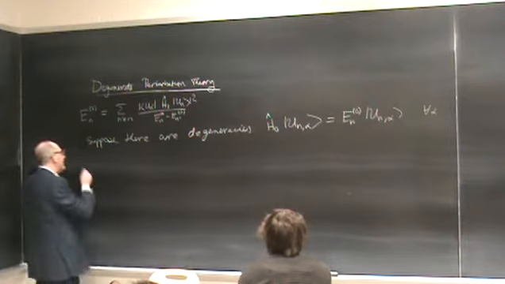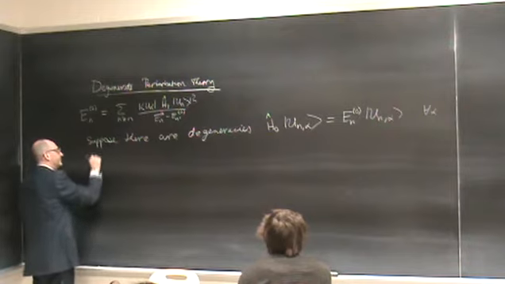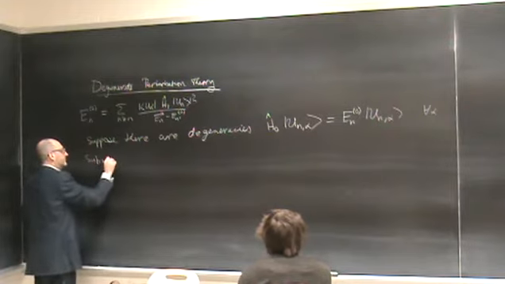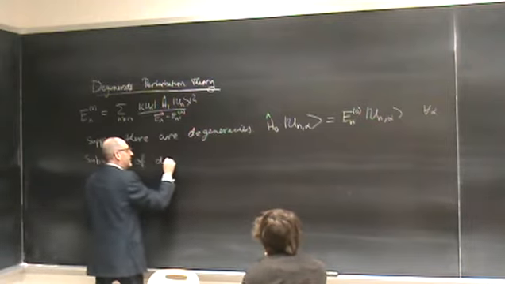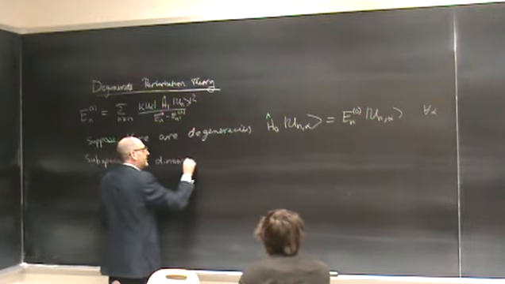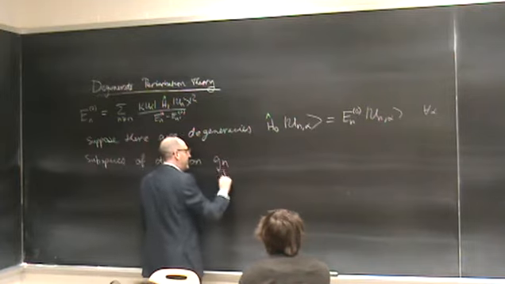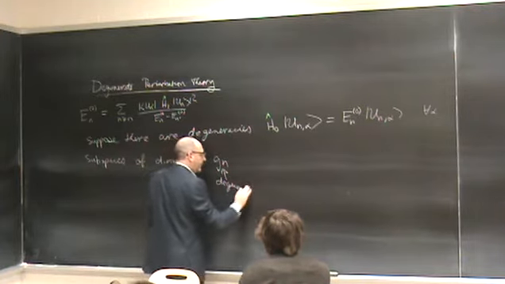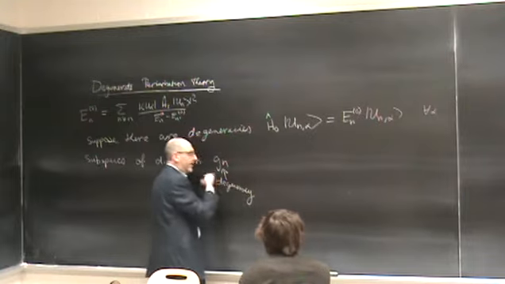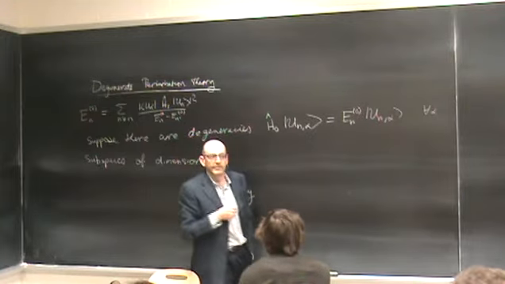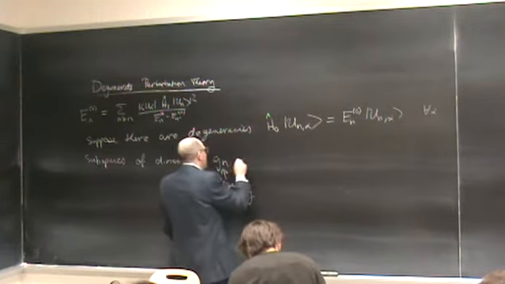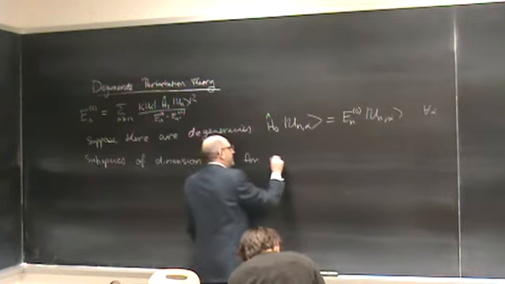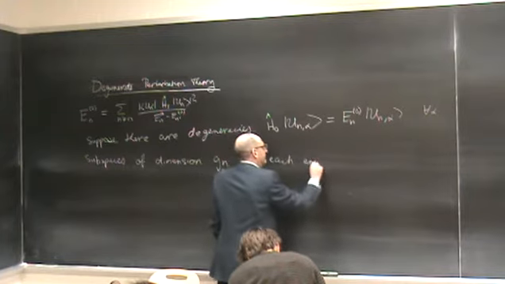Because what we have here is a subspace of dimension G sub n, where G sub n is the degeneracy. For hydrogen, this is n squared in the absence of spin, right? For each energy.